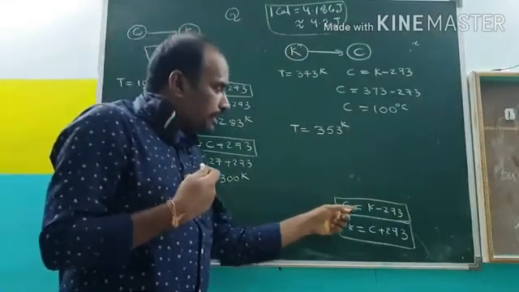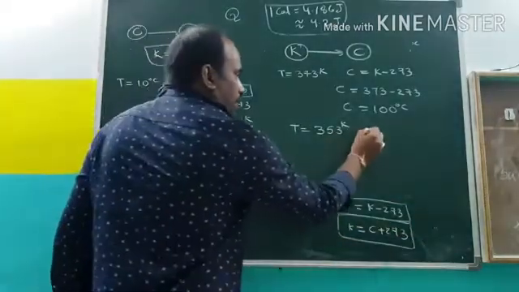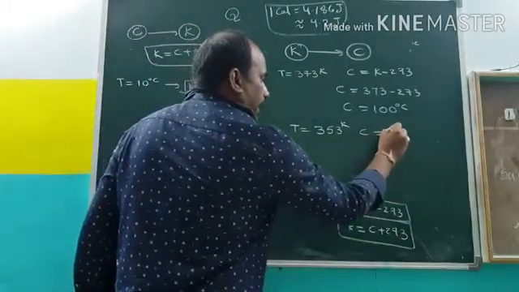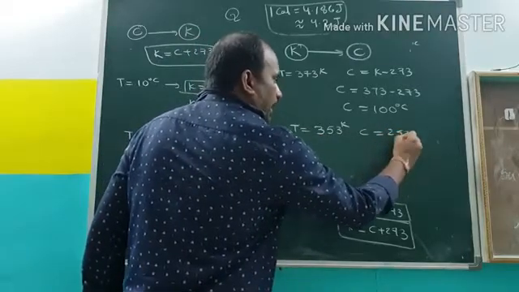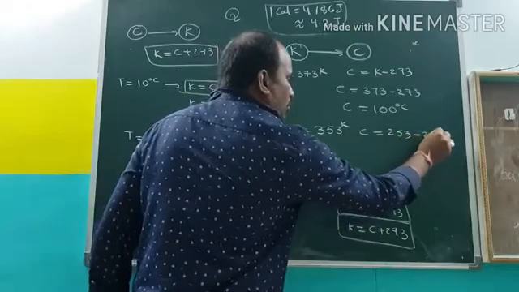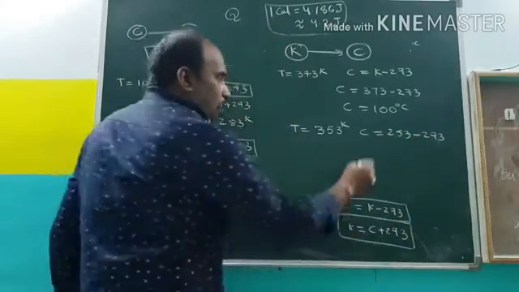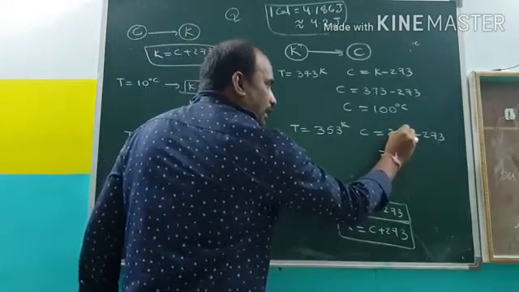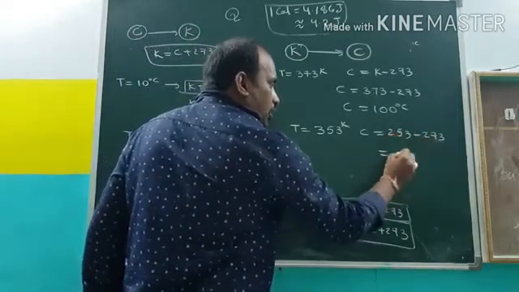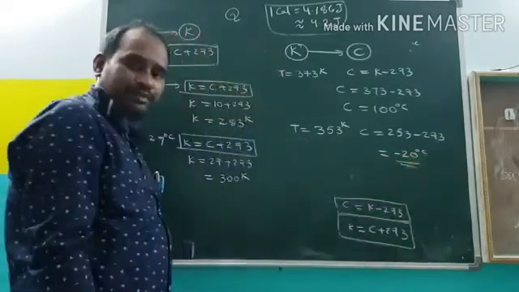What is the formula? C is equal to K minus 273. Write down C is equal to K, which is 253 minus 273. What do you get? Minus 20 degrees Celsius.